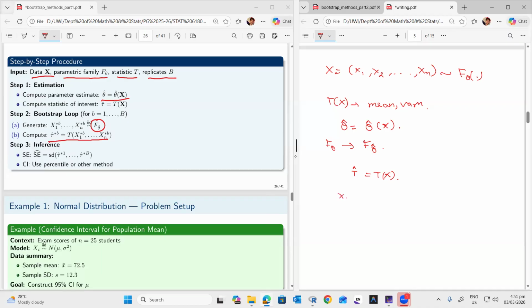I will get x1 star b, x2 star b, up to xn star b, that follows the f theta cap. What am I basically going to do?